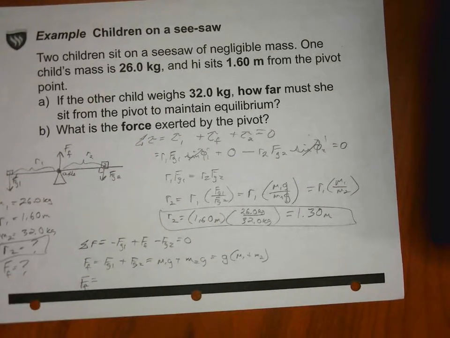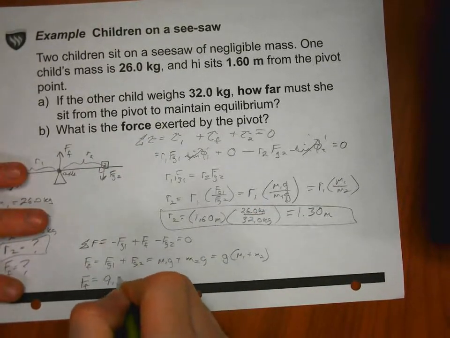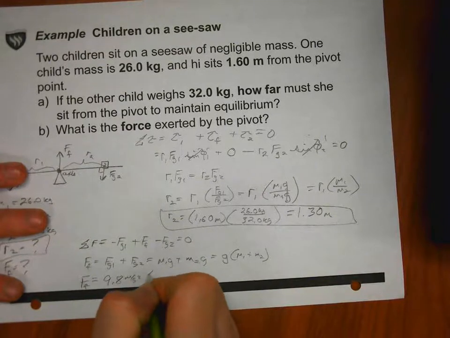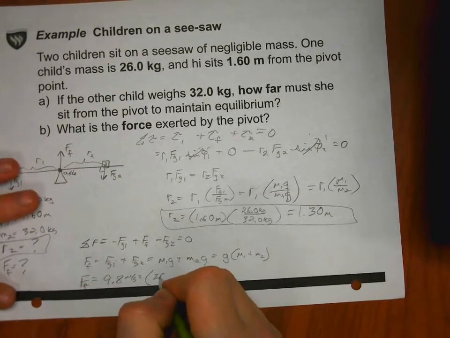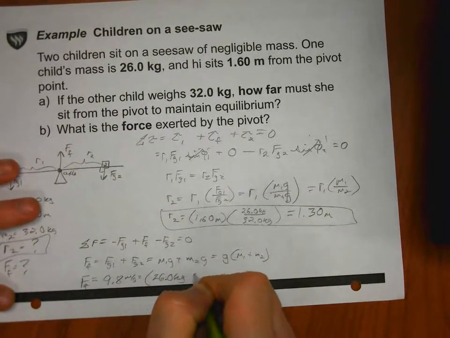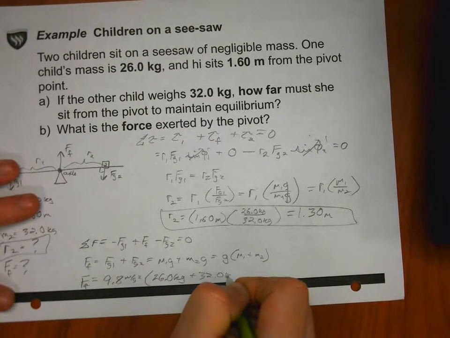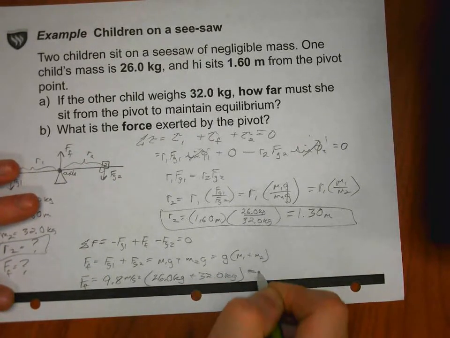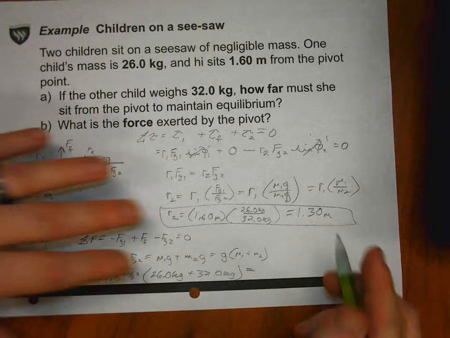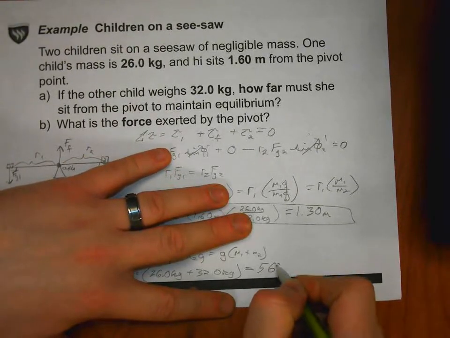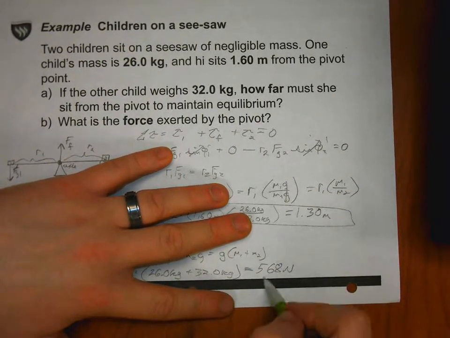The force of the fulcrum then equals 9.8 meters per second squared times 26.0 kilograms plus 32.0 kilograms. And that all equals 568 newtons.